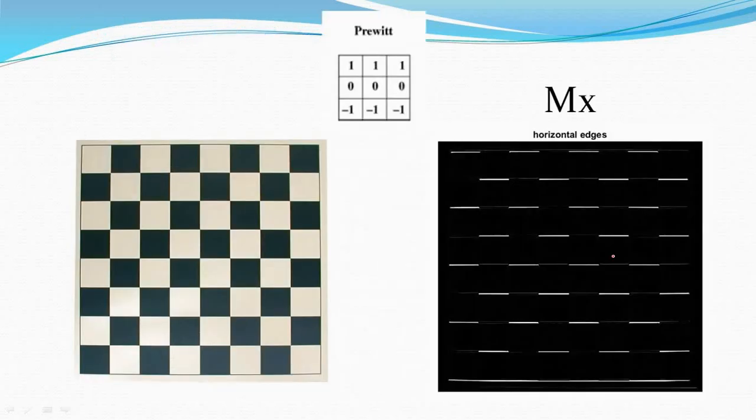So first, talking about Prewitt, consider this image of a chessboard. When I apply the x derivative of Prewitt, it will give me these horizontal edges only. You can see these horizontal edges over here.